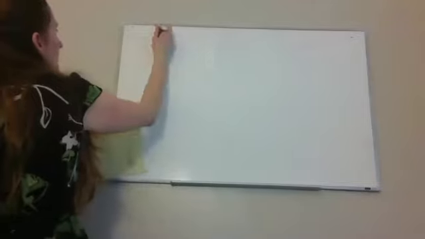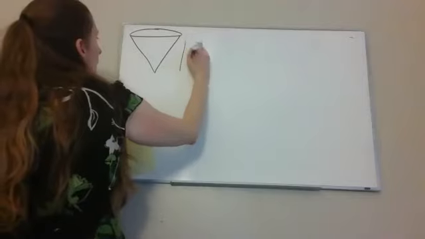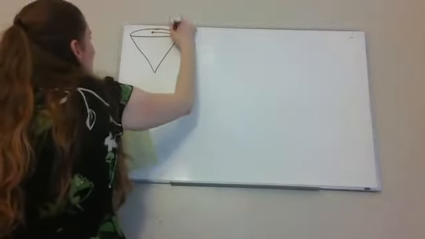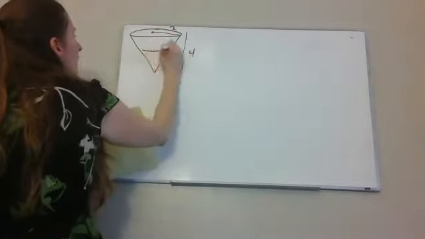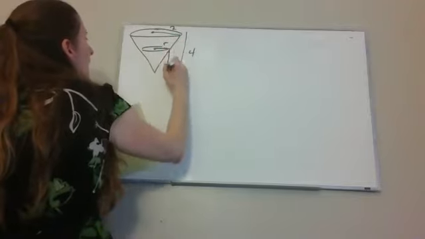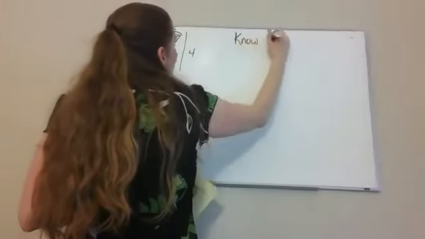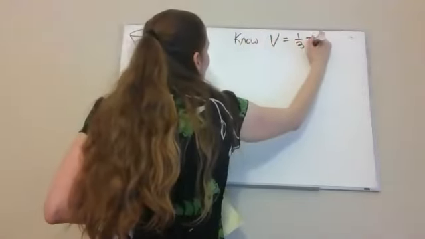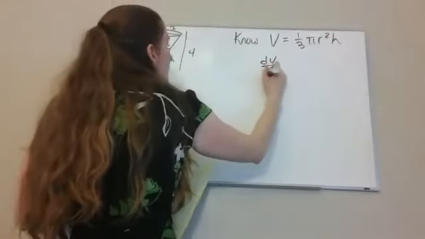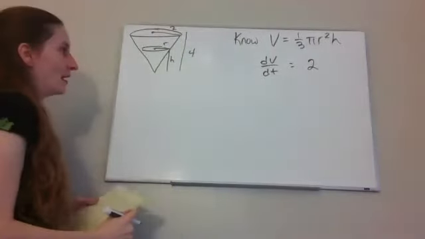So again, here's my picture. Here's a height of 4. Radius of the tank is 2. I know I have a water level in here that has a radius r and a height h. Things that I know, volume is 1/3 pi r squared h, and I know dV/dt is equal to 2 cubic meters per minute.